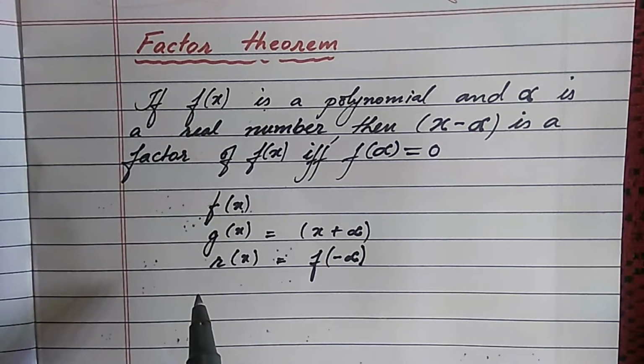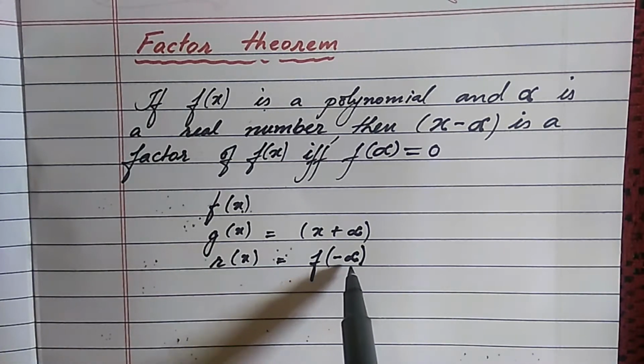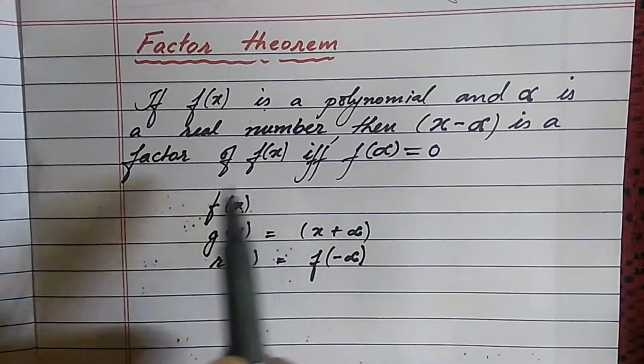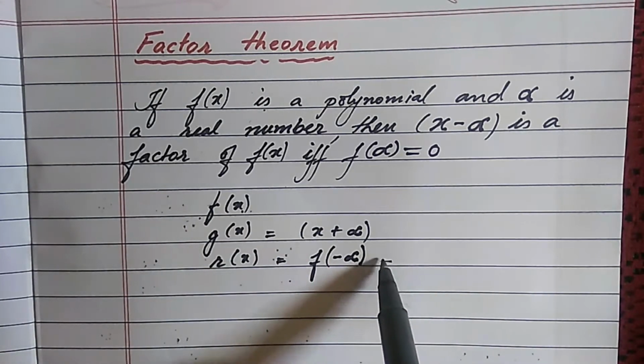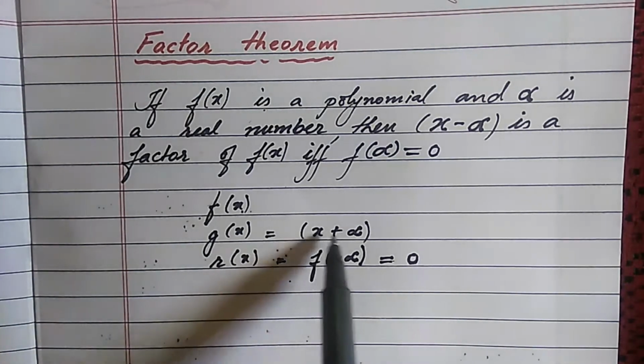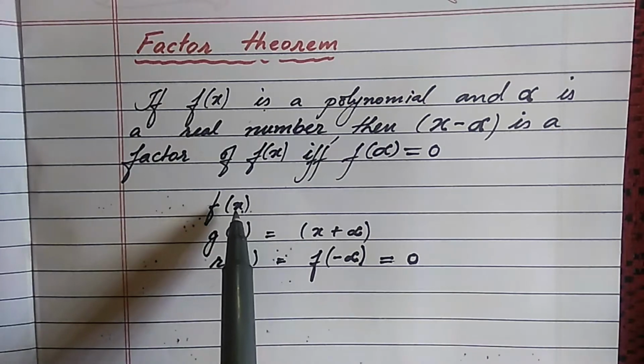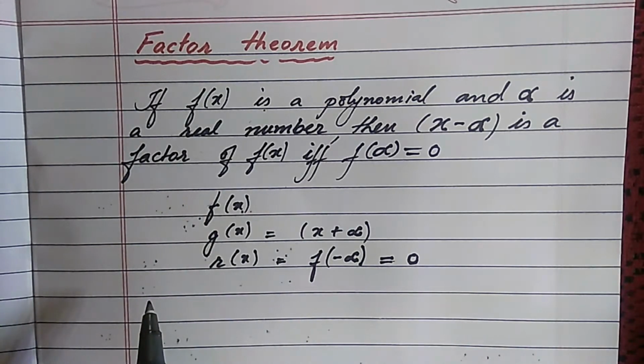Now, what does the factor theorem say? After putting the value in f(x), if the value comes to 0, that means there is no remainder left, then x plus alpha is one of the factors of the polynomial f(x).